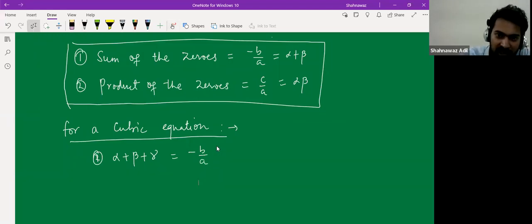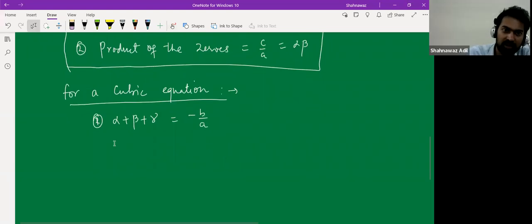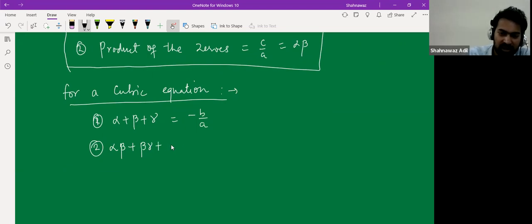But there are two things more here. One is the sum of the products of two zeros taken at a time: alpha beta plus beta gamma plus alpha gamma, and this is c by a.